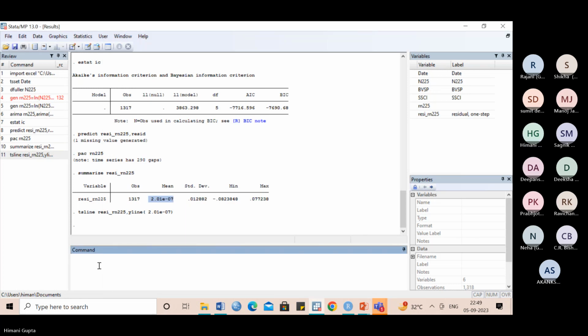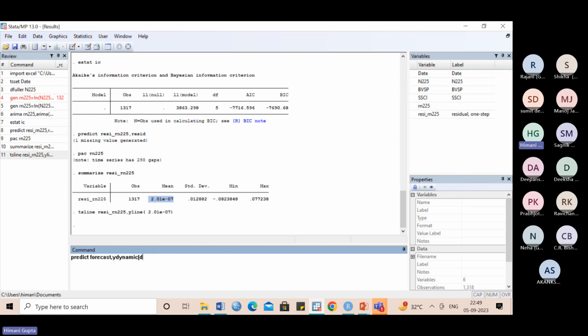Got it? Now, if I have to predict the future, I'll just say predict. There, the command is forecast. Over here, the command is predict. I'm saying predict, and give me some name. So I have given the name forecast. Y dynamic, and I will write the date.